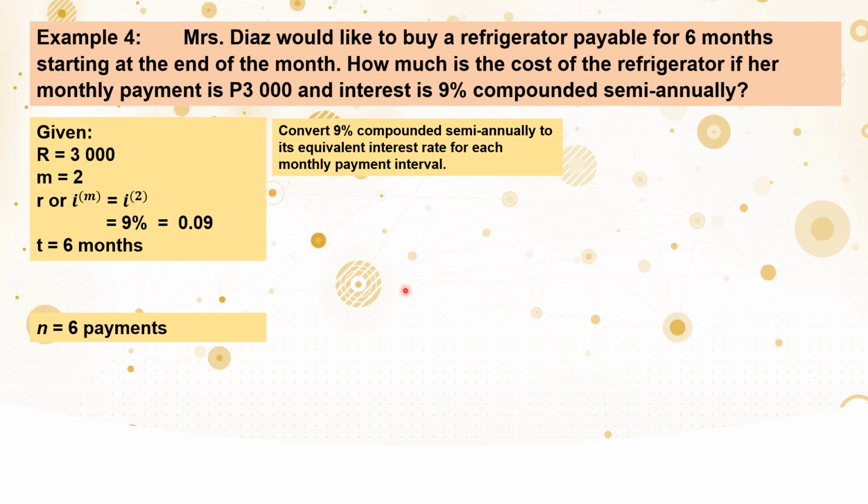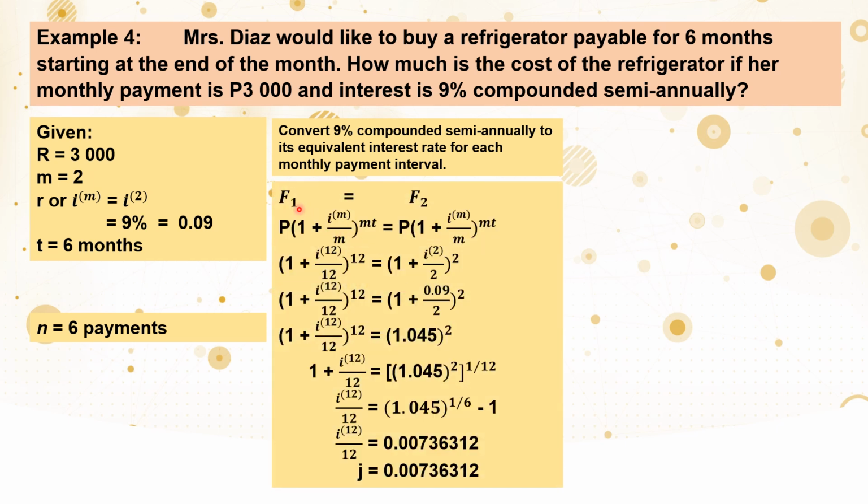Interest rate, the two interest rate is denoted as F sub 1 and F sub 2. And they are equal. The formula is F equals P times 1 plus I raised to M over M raised to MT. And they are equal. So F sub 1 is the interest rate for each monthly payment.